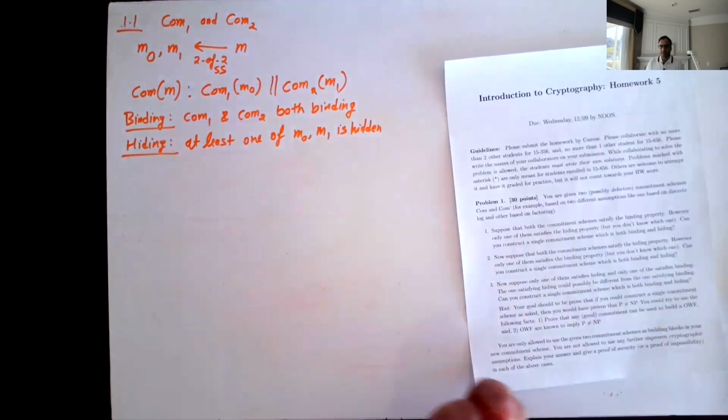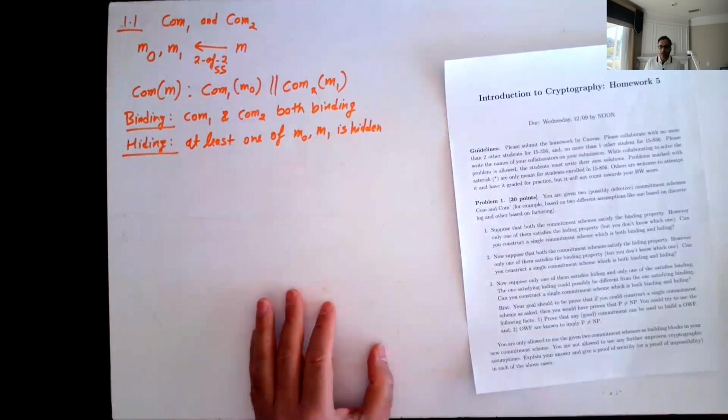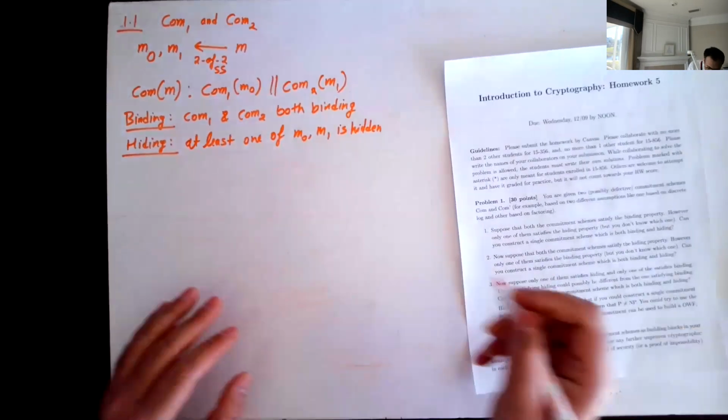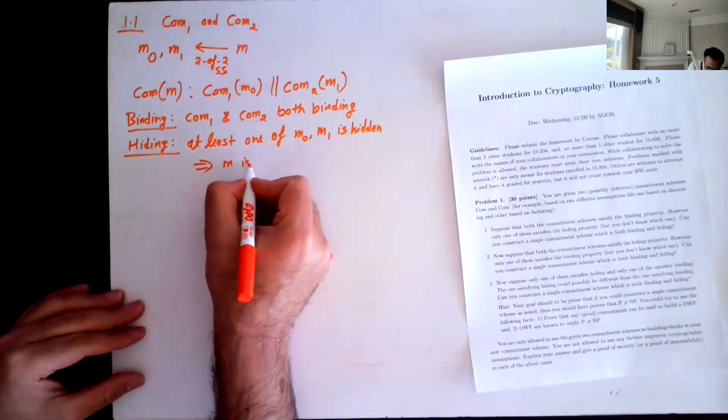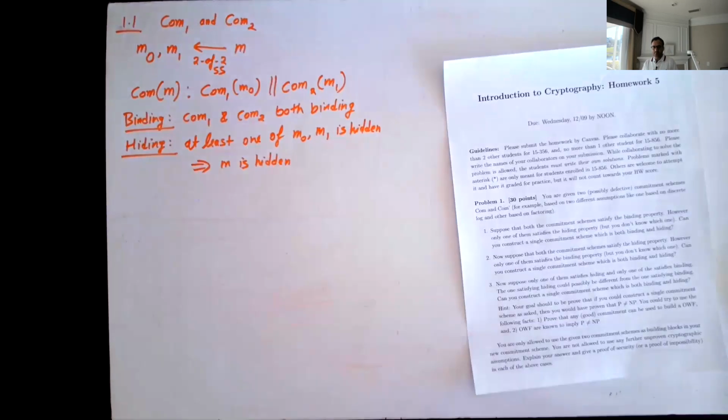And if that is the case, then the 2 out of 2 secret sharing scheme already implies that M is hidden. Okay.